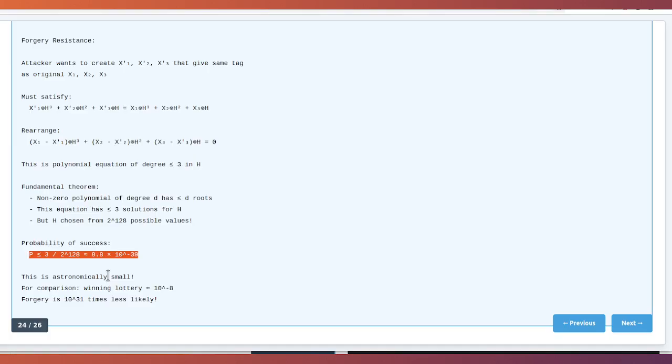This is approximately 8.8 times 10 to the negative 39, an astronomically small number. For comparison, the probability of winning a typical lottery is about 10 to the negative 8. The probability of successful forgery is 31 orders of magnitude smaller. This makes forgery computationally infeasible.